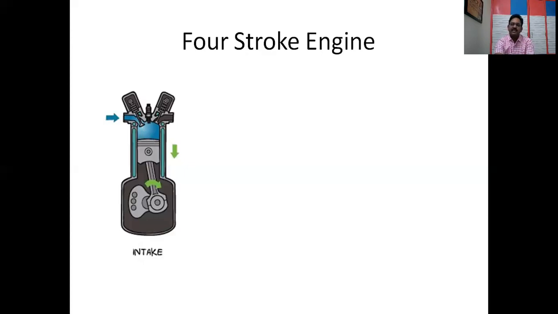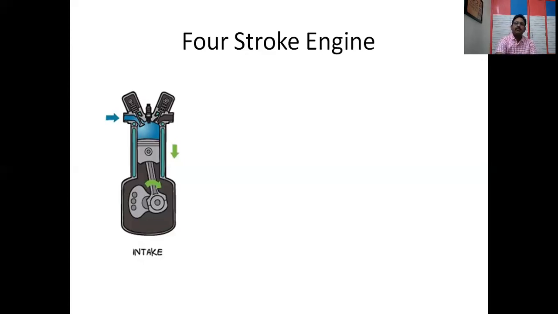For diesel engines, during the intake stroke, a diesel-air mixture will not come. Only clean, pure, filtered air will come. It will take the air from the atmosphere, and this will be cleaned with the help of filters.